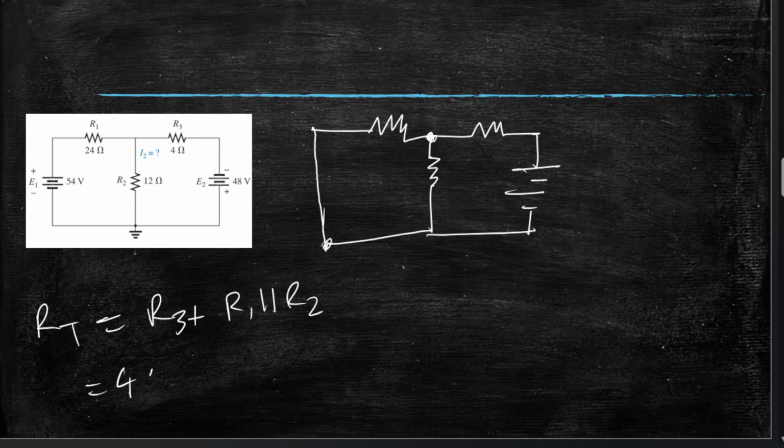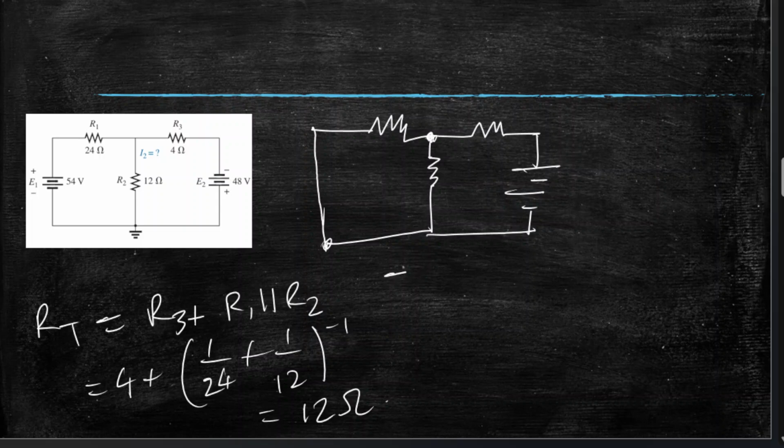So 4 plus 1 over R1, so 24, plus 1 over 12, to the power minus 1. So that equals 4 plus, and we have 12 ohms. Equivalent resistance is 12 ohms.